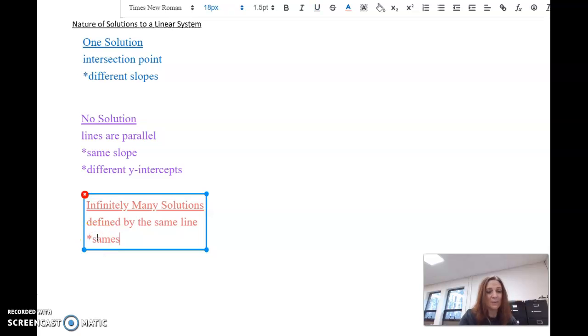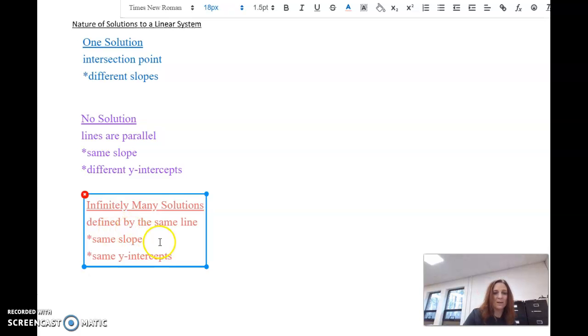They're also going to have the same slope, that I keep trying to write, same slope, but they're also going to have the same y-intercept. Same slope, same y-intercepts. All right, so those are our three choices for the nature of solutions.